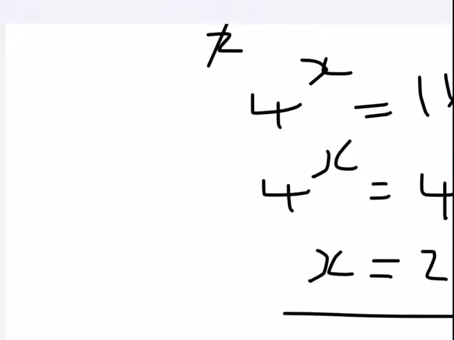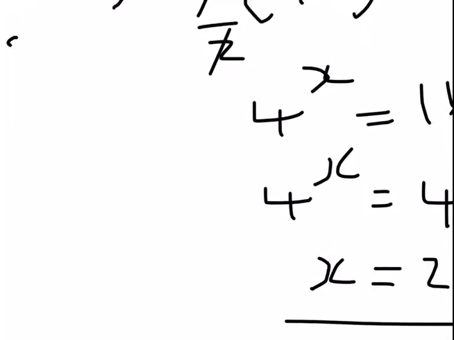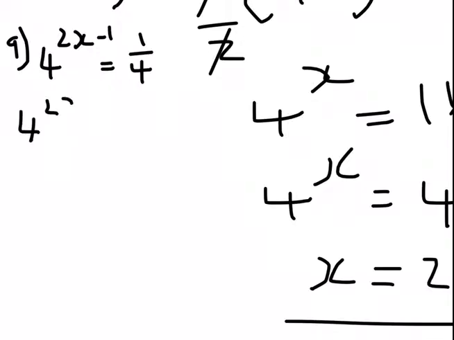Okay, let's jump on to example number 9, where we have 4 to the exponent of, let's say, 2x minus 1. We equate this to 1 over 4. Again, it shouldn't be complicated. Just like I've done there, I will therefore end up having 4 to the exponent of negative 1, because remember, you have an invisible 1 as your exponent there, and we know that 1 doesn't change anything.